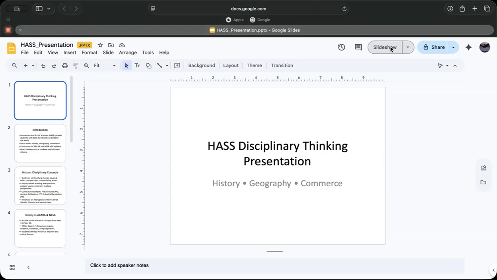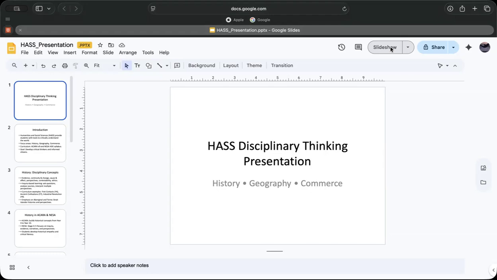Indigenous knowledge systems offer alternative disciplinary thinking approaches grounded in Country, community, and storytelling, challenging Western linear narratives of history, geography, and economy. Similarly, perspectives from the Global South are often underrepresented, limiting how students understand power and knowledge in a global context.